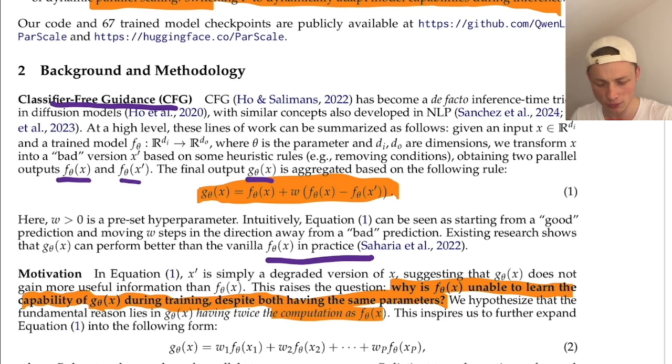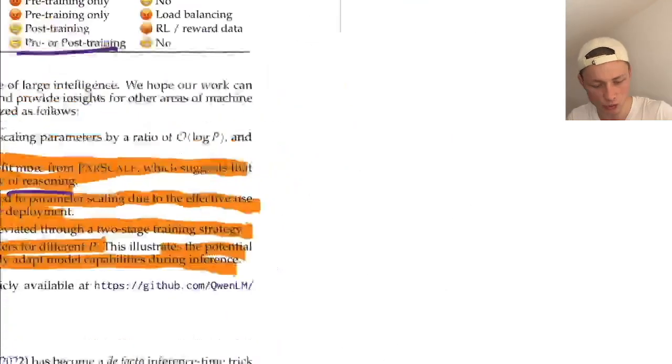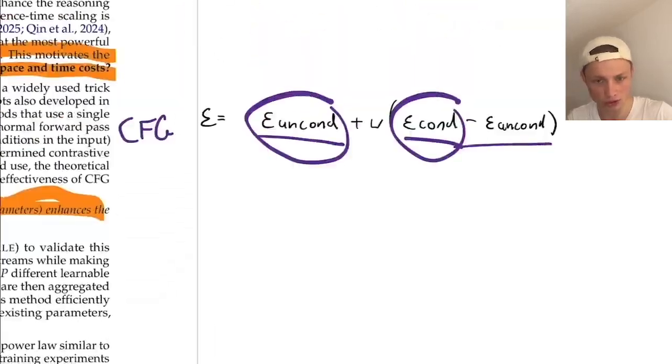So for x hat we for example add our prefix, and for x we are not adding a prefix, so we have two different inputs into our model. Then we are using the same update rule as I showed above.